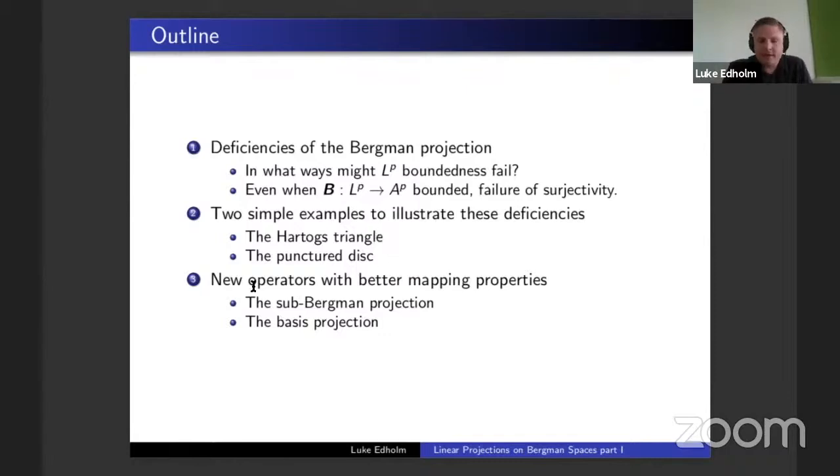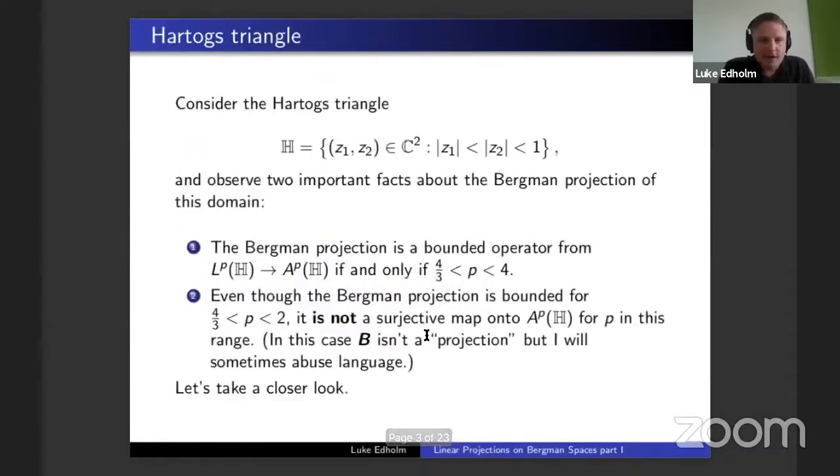The third thing I'm going to talk about, after going through these deficiencies, is that we want to come up with a better operator to study these AP spaces with. So we'll talk about the Sub-Bergman projection, which is something that maybe you've seen before. It was introduced by myself, DeBrage, and Jeff McNeil in 2019. And then this basis projection, which I can say is the world debut of this thing. So, all right, let's move on.